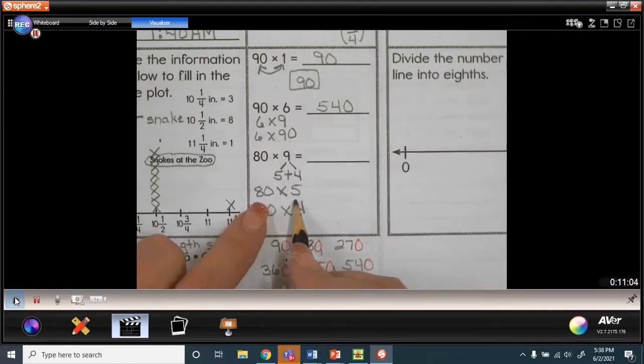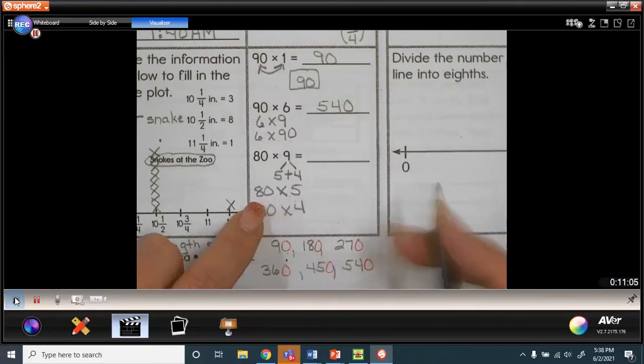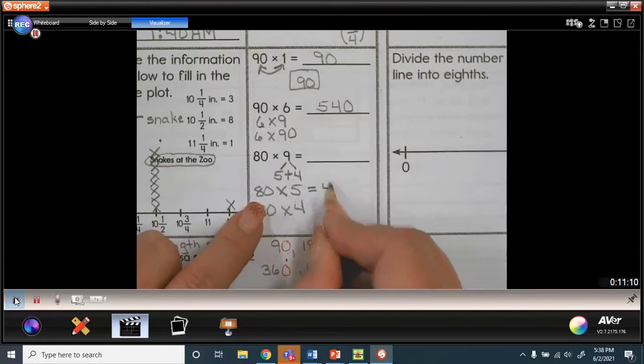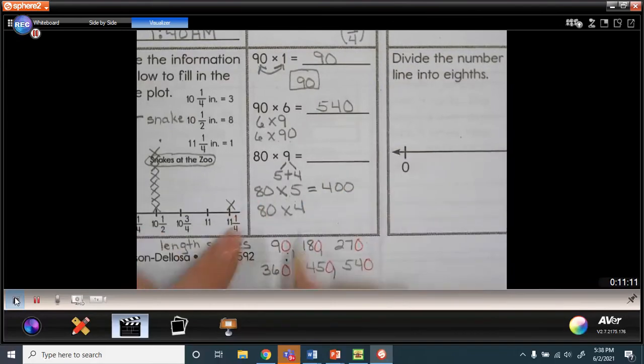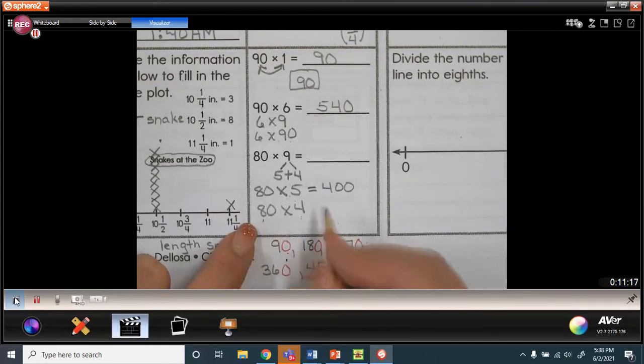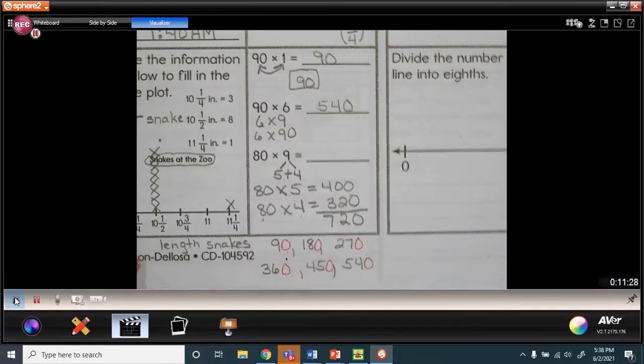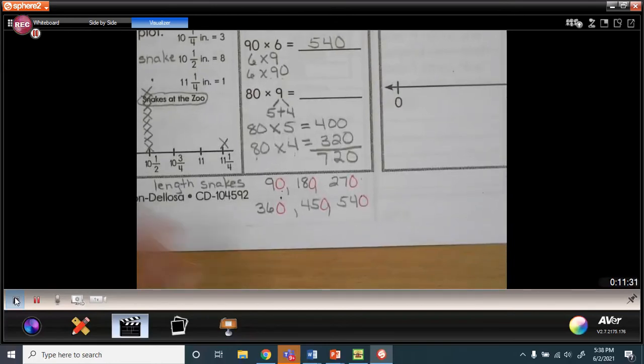So 80 groups of 5 are 5 groups of 80. 8 times 5 is 40, so we know that this is going to be 400. 4 times 8 is 32, so 4 times 80 would be 320. And when I add those together, this is going to be 720.